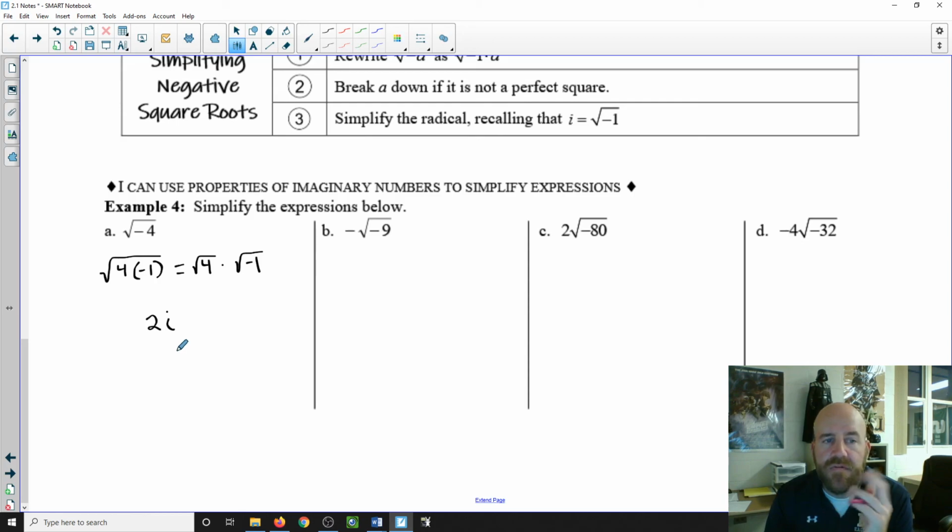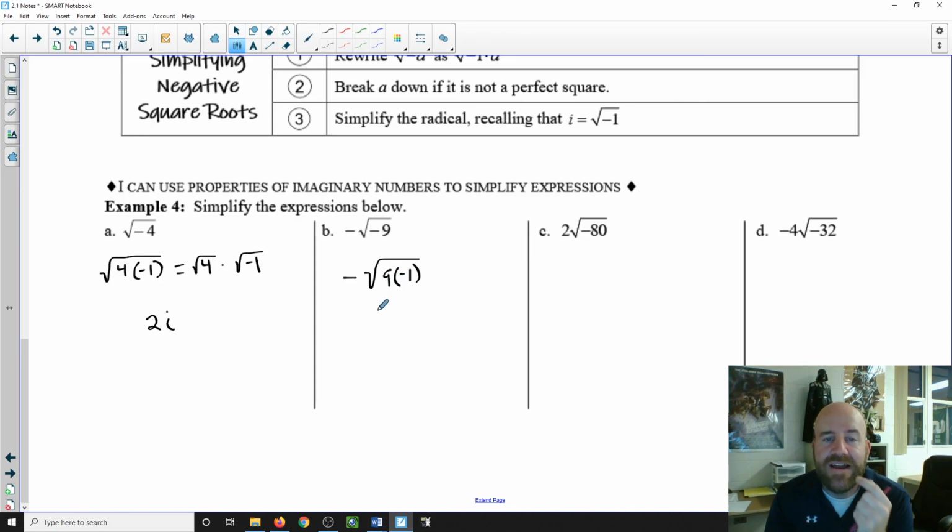Keep in mind, and we'll talk more about this later, that taking square roots, we have a positive and a negative. But we're just worried about the positive one right now. We'll talk about the other later. So now we have a negative square root of negative 9. So we have a negative square root of, remember, 9 times negative 1 inside.